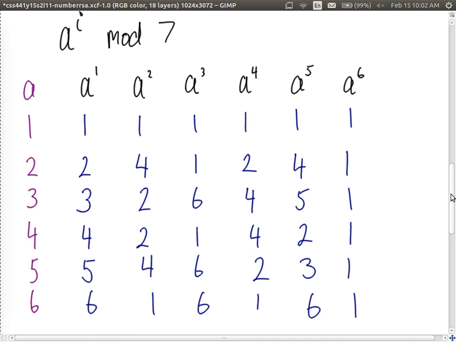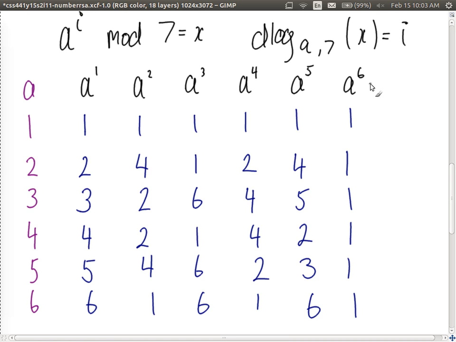These are the answers. Why do we do this? We want to know when do we have a unique discrete logarithm. The opposite, remember, is the discrete log, the discrete log in the base A mod 7 of some number x equals our exponent I.